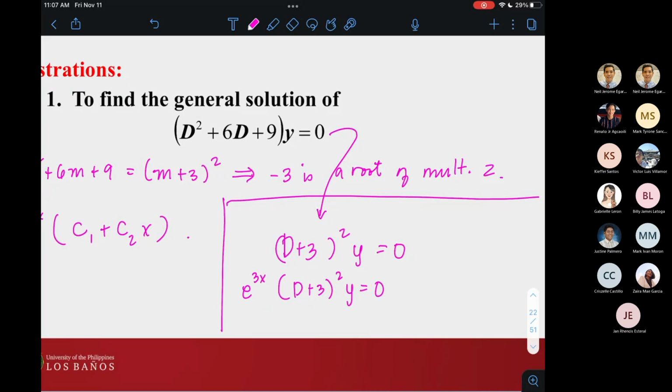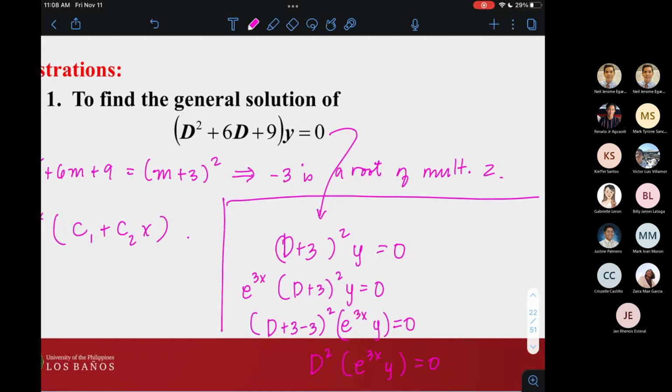Para ma-shift yung differential operator. Para ito, papasok si e to the 3x sa loob ng operator. Yung operator magiging D plus 3 minus 3 squared, e to the 3x y equal kay 0. So this would be the second derivative of e to the 3x y equal kay 0.